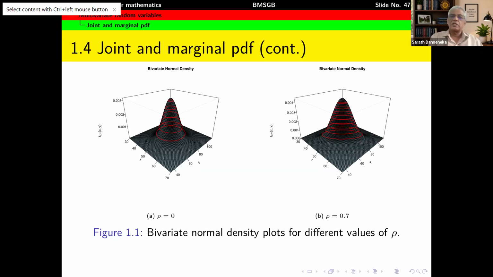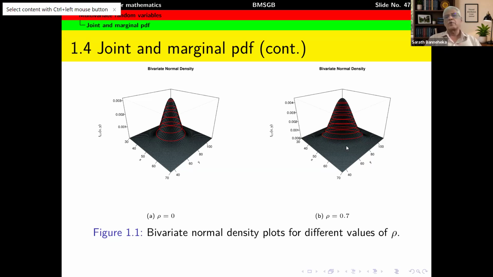Along the x equal to y line, it's going to be somewhat closer than this cone here. It's like a cone which is pressed along the x equal to y line, right? So you can see that the contours are not circles like this. Contours are ellipses in this case.